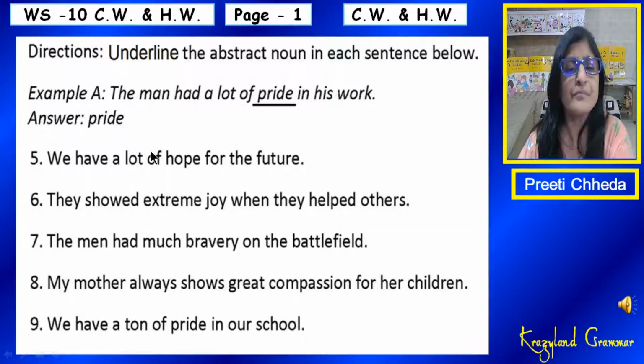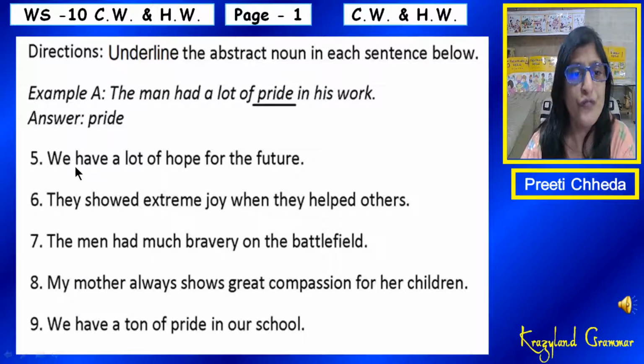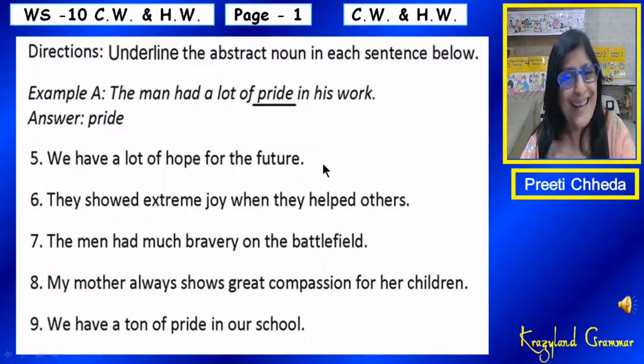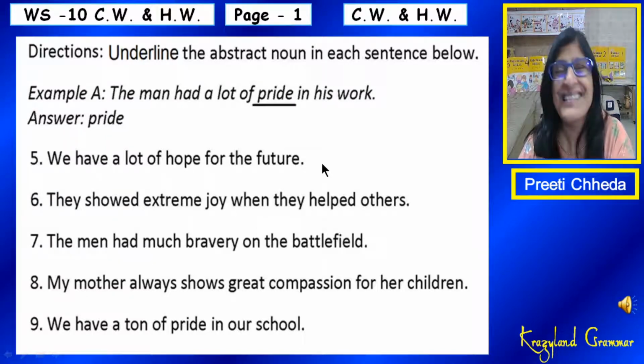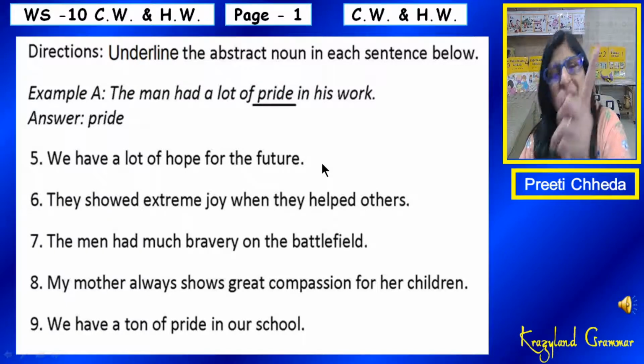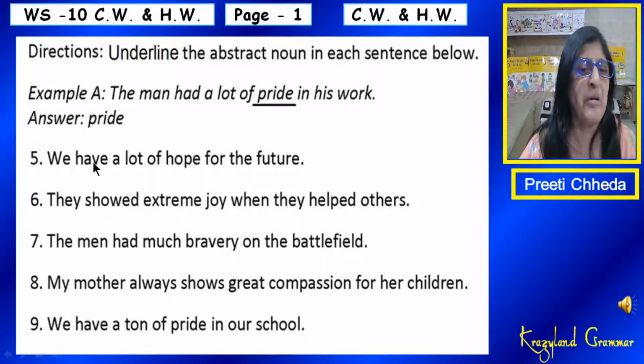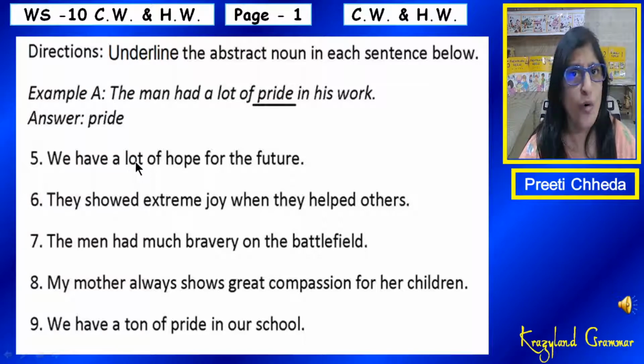Number 5. क्या करना है? You need to read aloud. We have a lot of hope for the future. And how do we find? Yes, we check word by word. We, no. Have, no. A, no. Lot, no. Of, no. Hope. Hope એટલે Asha.